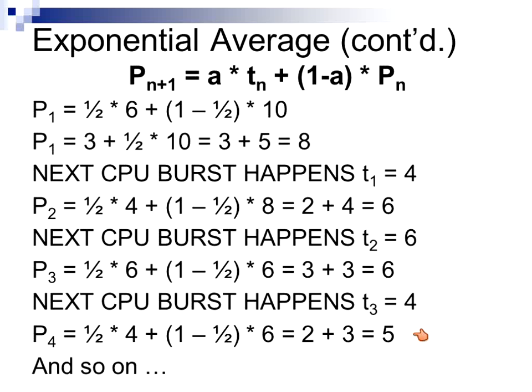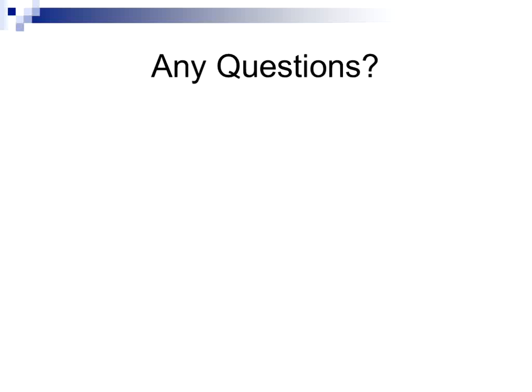So how do we predict each time this process runs how big its next CPU burst is going to be? That's what this whole calculation does: it looks at the bursts as they happen, and uses that history to help predict what's going to happen next. It's really helpful if you walk through this and step through this on your own to understand what the scheduler is doing.